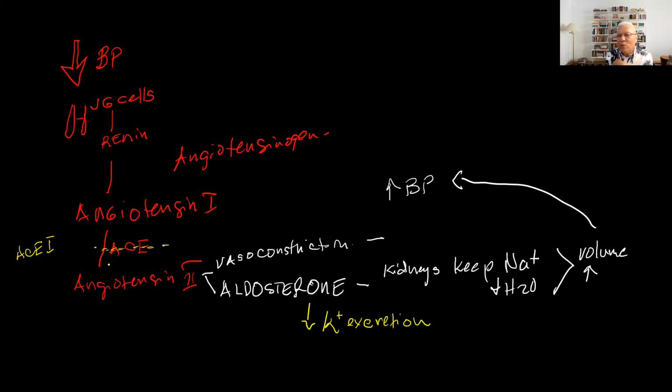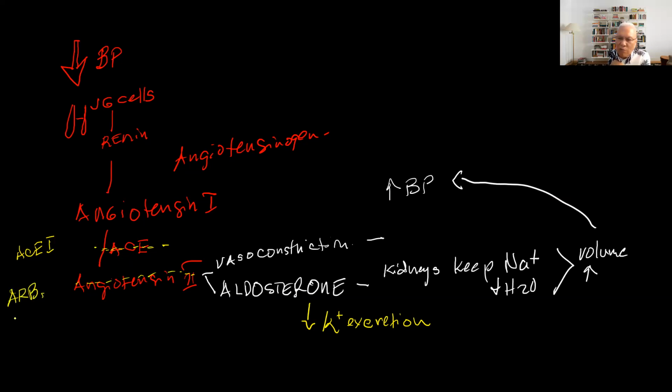All right. Well, there are other kinds of drugs that are going to alter or interrupt the increase in blood pressure. And the other drug is anything that blocks angiotensin 2. And these are called ARBs.